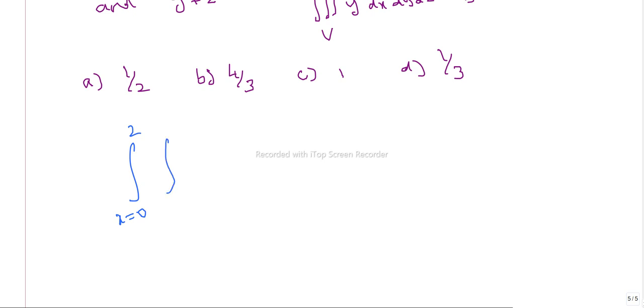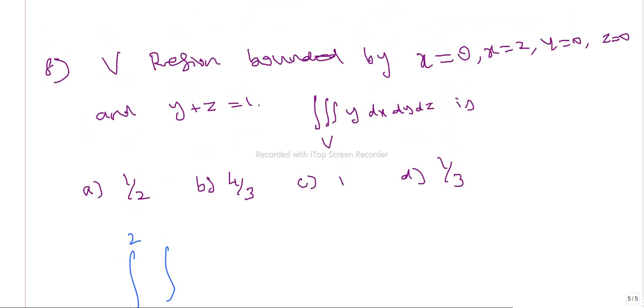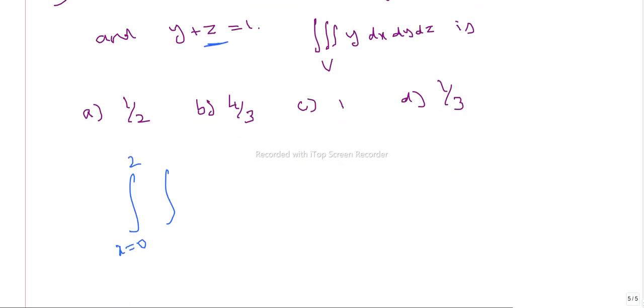Next we take y. Substituting z = 0, y should be 1, so the maximum y is 1 and y varies from 0 to 1. And z varies from 0 to 1 − y. So first we integrate dz, then dy, then dx.